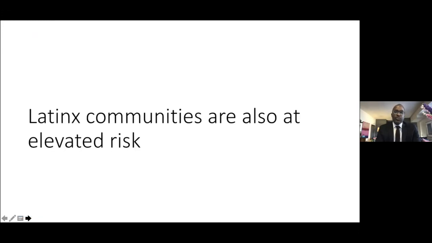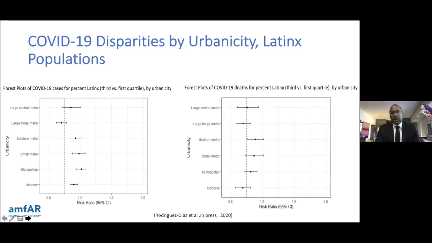Now, we're also interested in looking at Latinx communities, and we know that they're also at elevated risk for COVID-19. There's a paper that we have in press right now that Carlos Rodriguez Diaz is the lead author on, and I'm just going to show one data point from it. These are forest plots, again looking at urbanicity, and this time for Latinx populations.